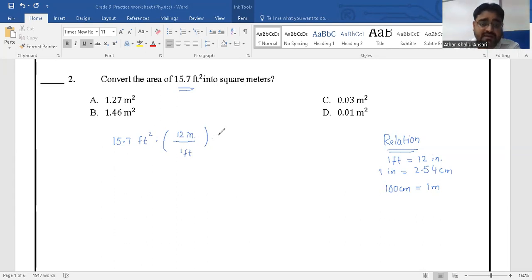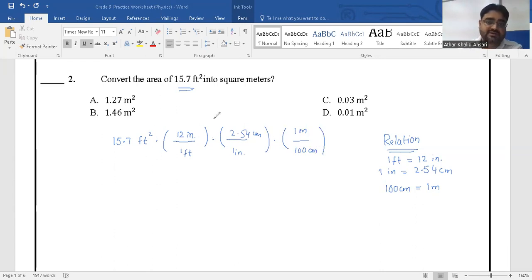Again, I need to convert inches into centimeters. So I will write 1 inch is 2.54 centimeters, and then lastly I need meters, so I will write 1 meter over 100 centimeters.